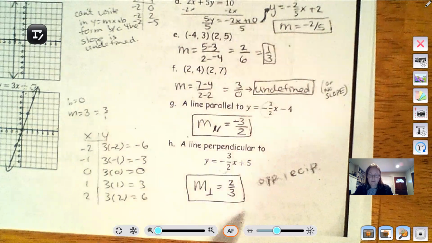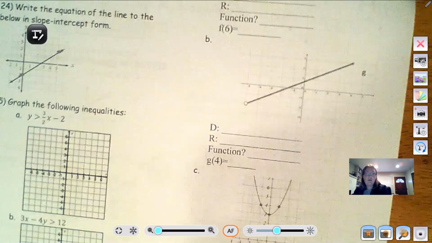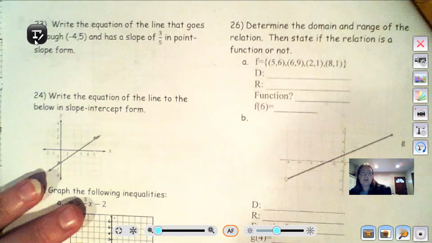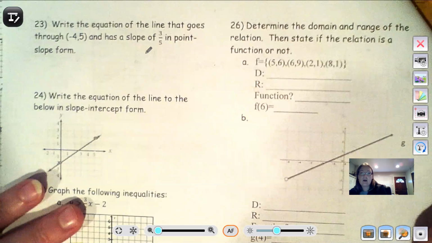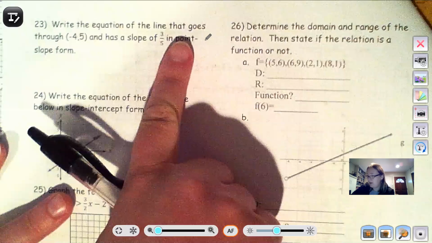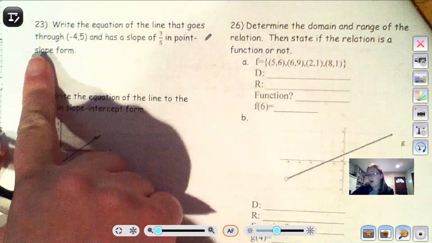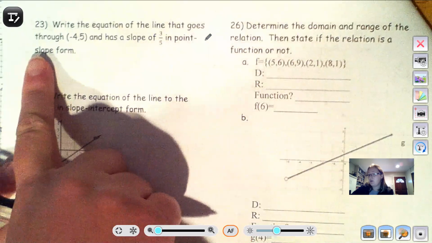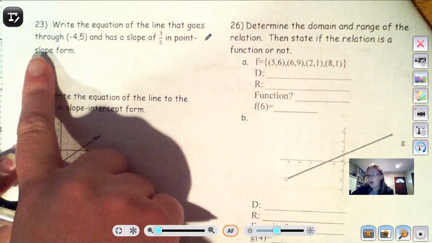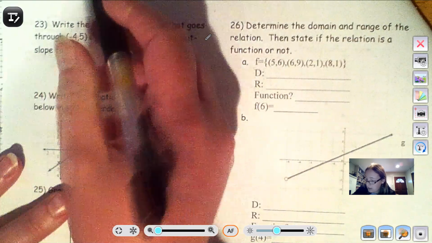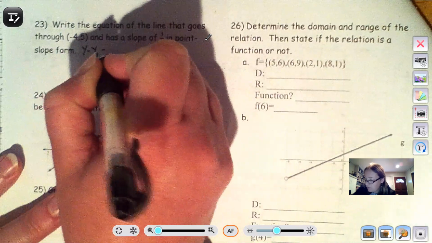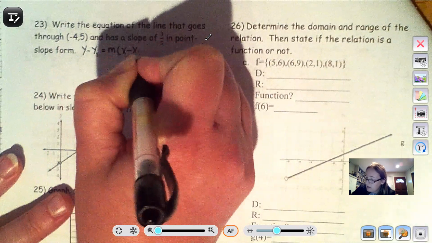All right. Writing an equation of a line that goes through a certain point and has a certain slope, either because it's parallel to something or perpendicular to something or just plain old given to you like this. This one asks it to be in point slope form. So I would have a note card that has the 3 different forms for the equation of a line: slope intercept, standard, and point slope. So point slope is the one that's y minus y1 equals m.